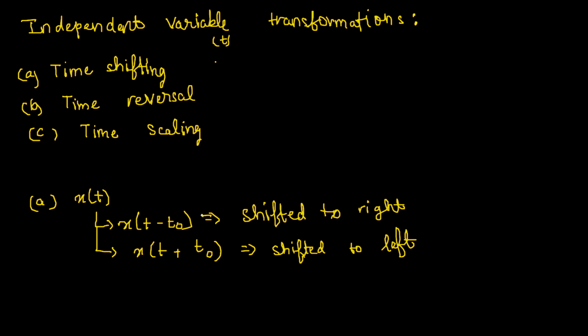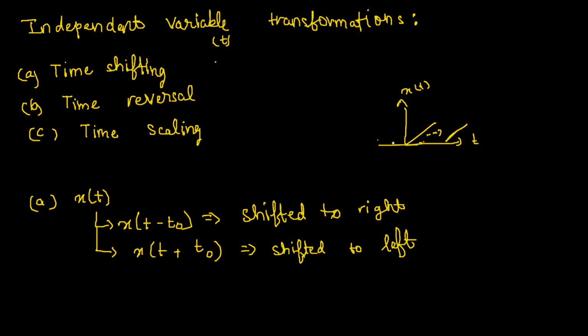Time shifting is basically, if you have a particular graph, x of t and t, like the word says, the graph is the same. It's just shifted to a different point on the x-axis.